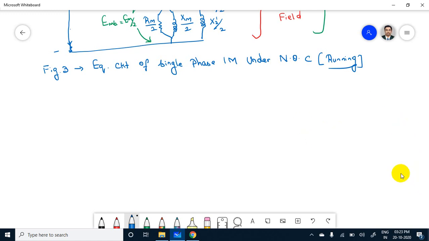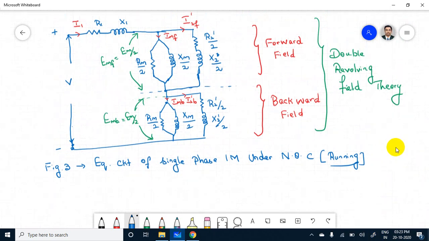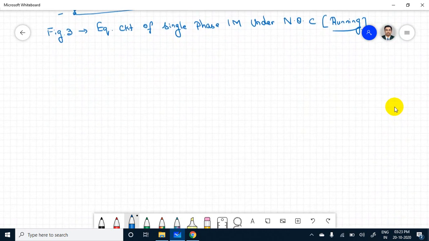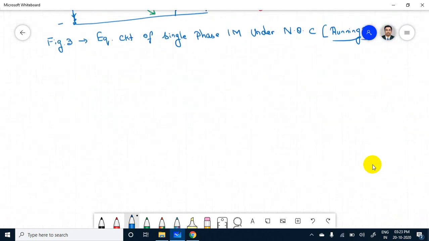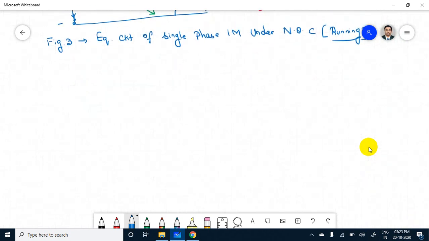Now in running condition, by using this figure 2, again I'm going to redraw this diagram. So what I'm going to do here, in running we have to adjust only the rotor resistance parameter.